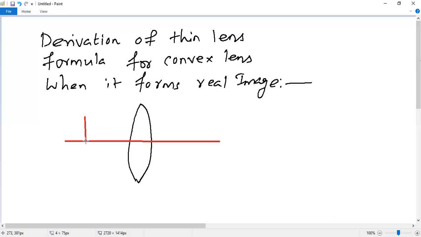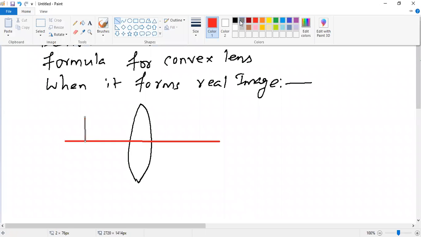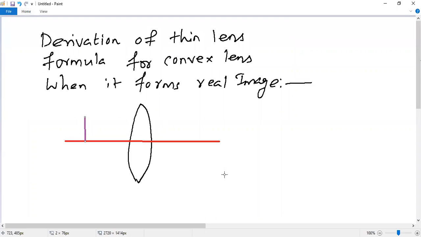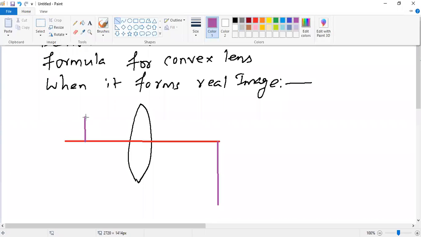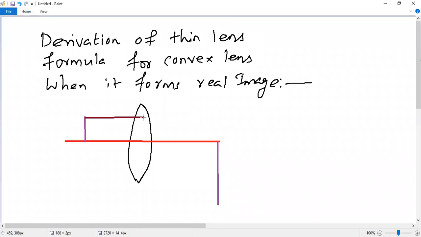This is the object, height h1. This is the image, which became enlarged at the center of curvature. This is a ray of light.